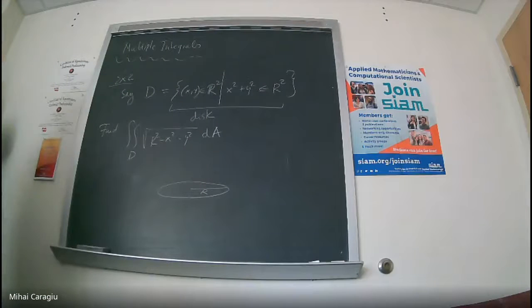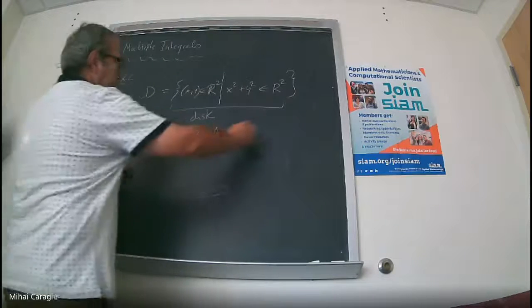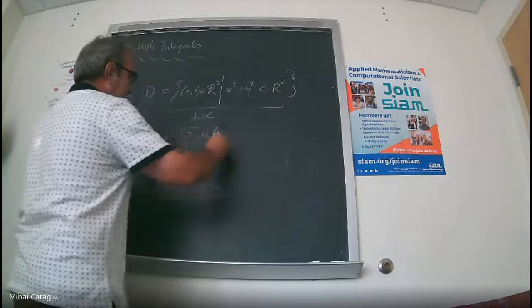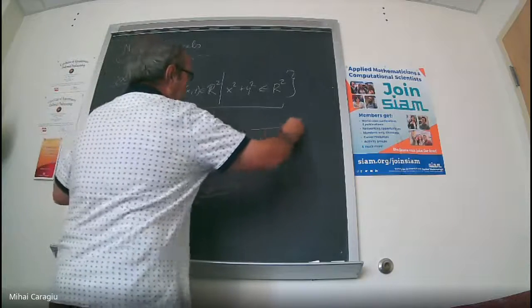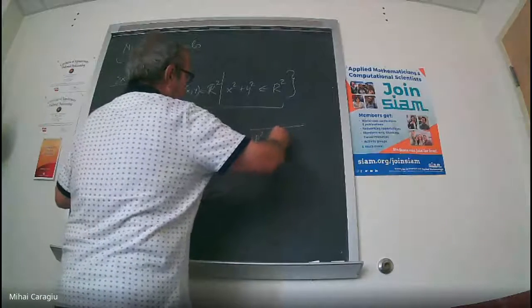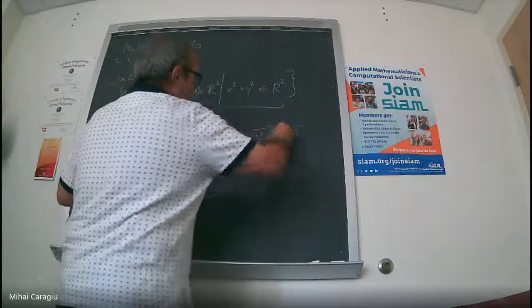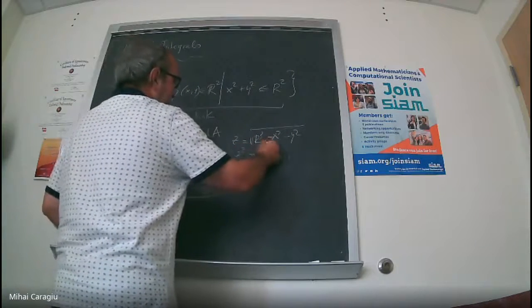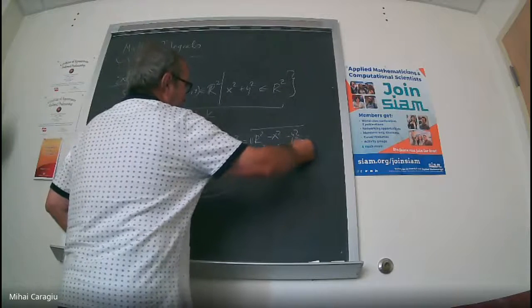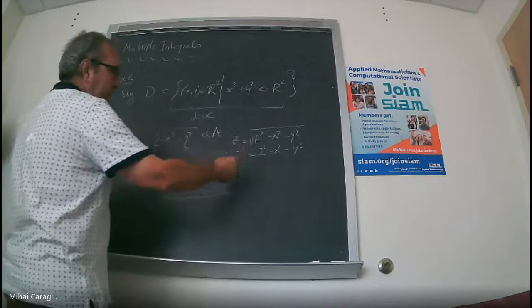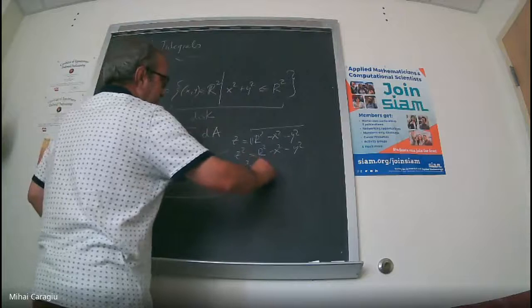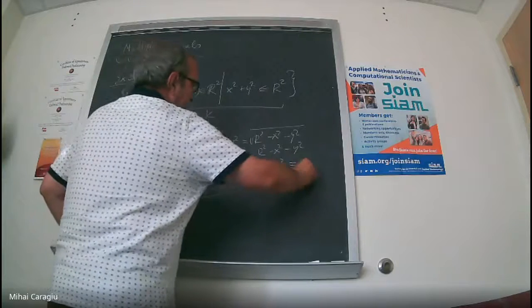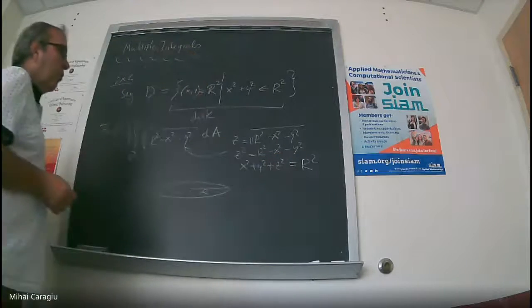And then, what is the surface? Look at this surface. z equals the square root of R squared minus x squared minus y squared. If you square both sides, we get z squared equals R squared minus x squared minus y squared. Bring the negatives from right to left: x squared plus y squared plus z squared equals R squared. What is this?